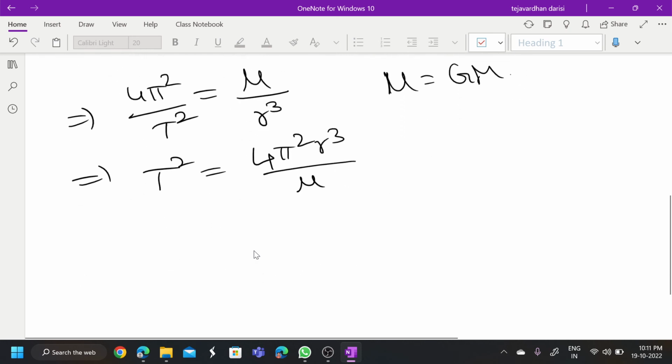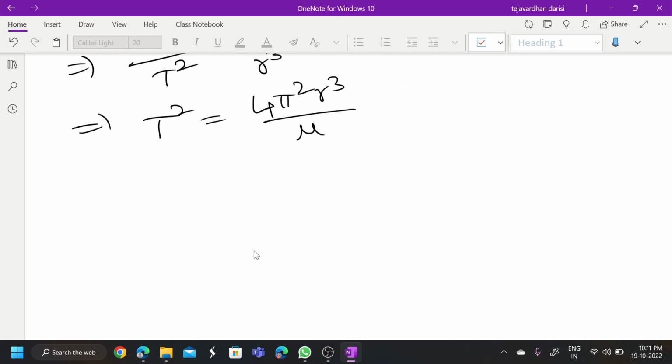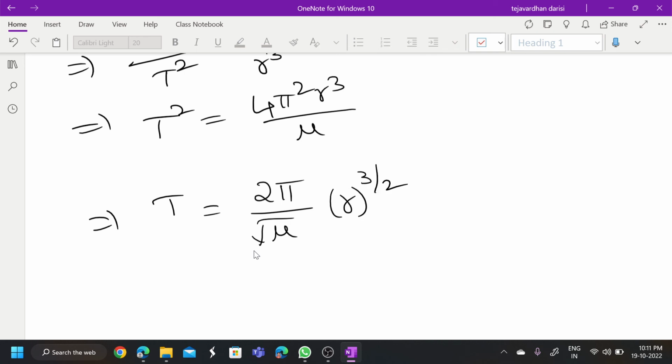Here we get the T square value, but we need only the time period T, so we get 2 pi by square root of mu into r power 3 by 2. Here we can use r, or otherwise we can replace it with the semi major axis. The distance between the earth and the satellite we can take as the semi major distance.